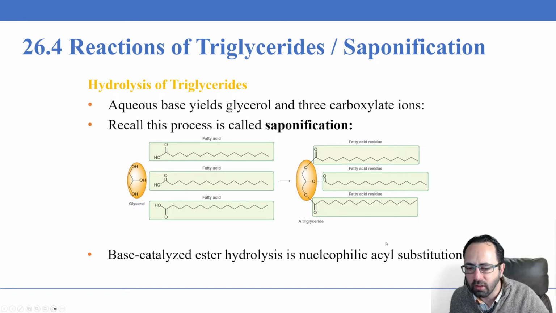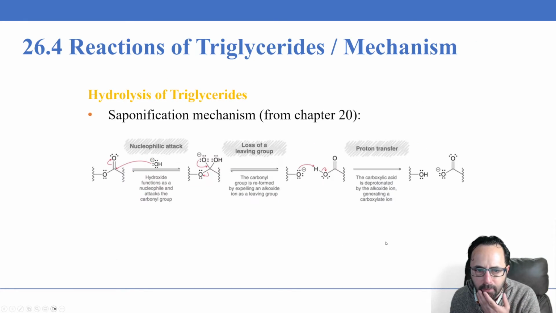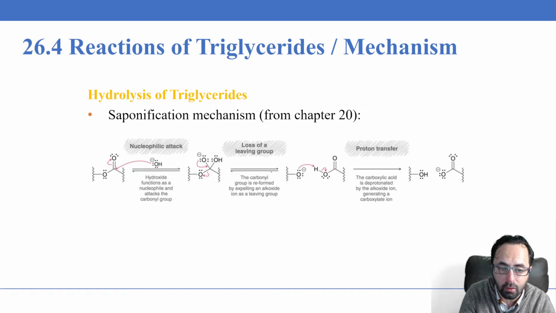So this is a reaction that we learned about back in chapter 19, or chapter 20 rather. So the way that the saponification, which is the nucleophilic acyl substitution, works is we have an ester, and we're reacting with a base. So the base is a strong nucleophile, so this can perform a nucleophilic attack on the electrophilic center in the carbonyl of the ester.